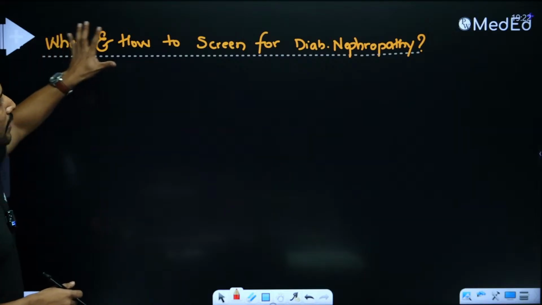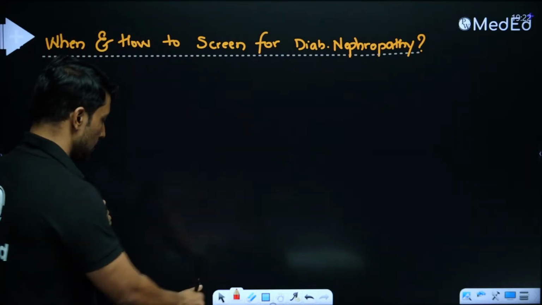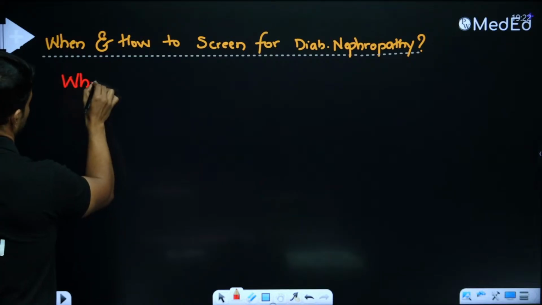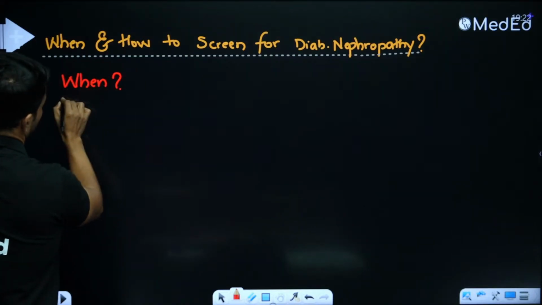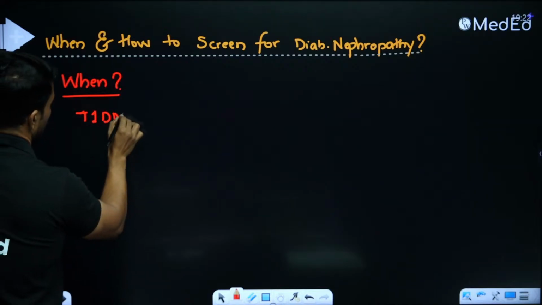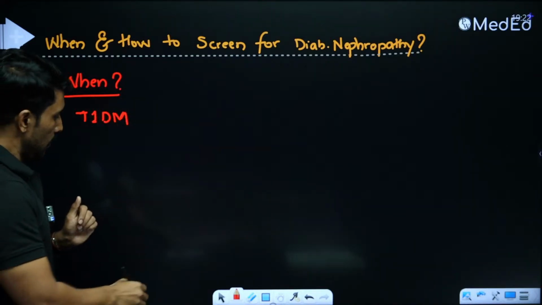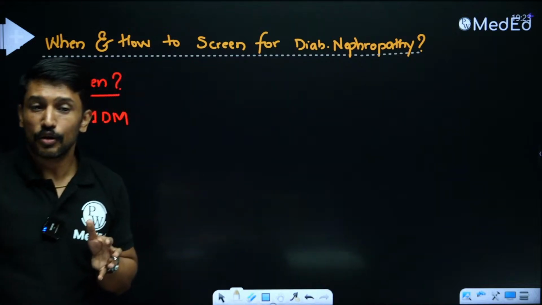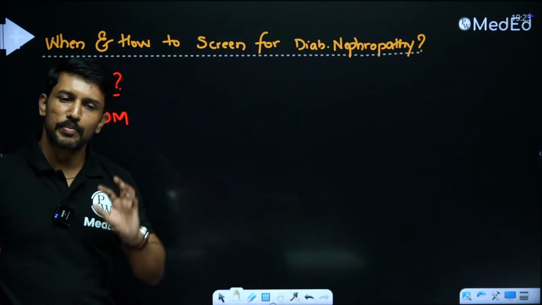Okay, so now when and how to screen for diabetic nephropathy. So first we will address when. So if it is a patient with type 1 diabetes mellitus, अगर ये type 1 DM का patient है, then we know that as soon as the type 1 DM patient enters into a stage of absolute insulin deficiency, they present with symptoms.